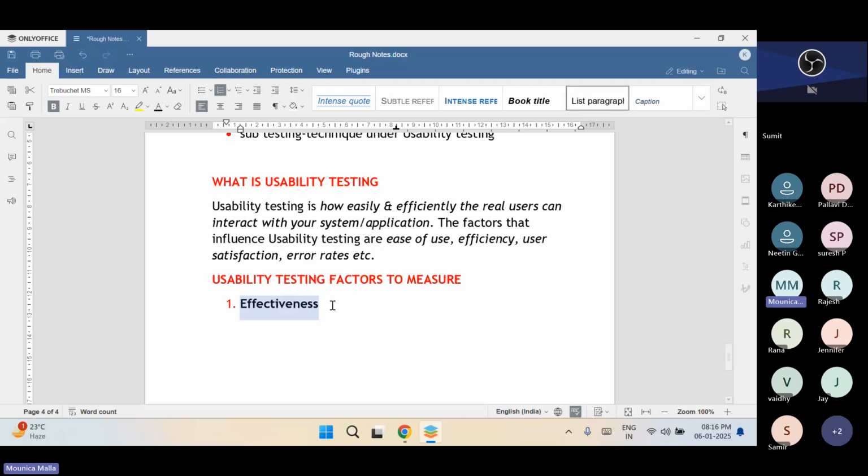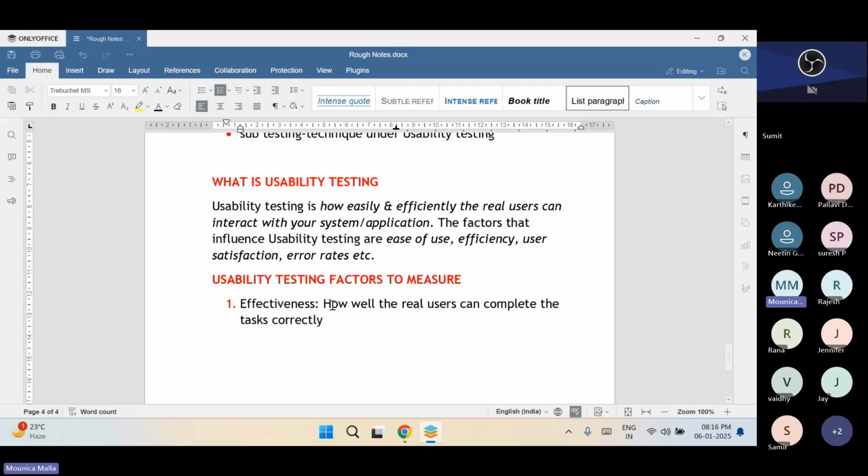Let me write down and probably we'll talk about some examples so that my definition will be clear to you guys. So I said how well the real users can complete the task correctly here. See, underline the word correctly. It's not incorrectly.